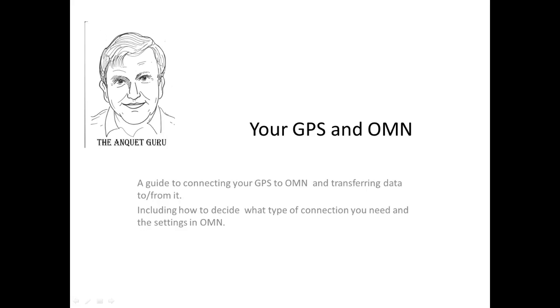Basically now there are two types of communication with the GPS unit. There's the old, shall we say, serial method. Garmin had their own protocol for transferring data back and forward between a PC and the GPS device.